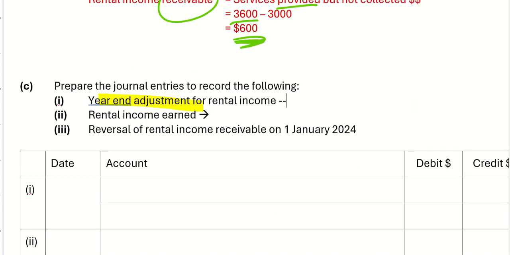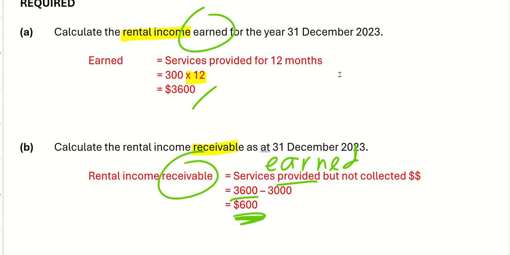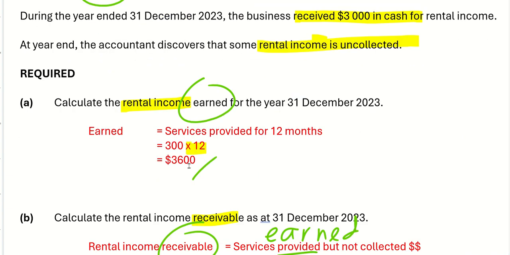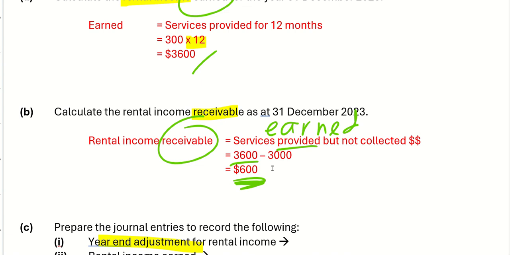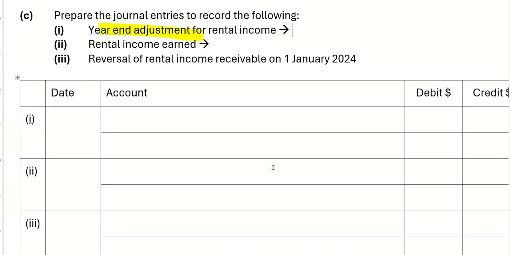Is it the 3,600, is it the 3,000, or is it the 600? The year-end adjustment means that you want to record the receivable, and the receivable in this case is $600. So how do you record this receivable? Firstly, what is the date?